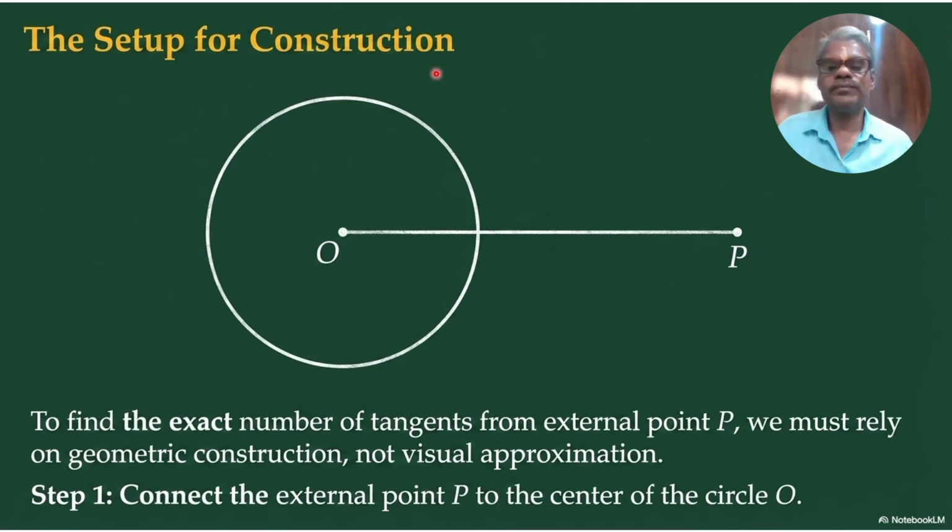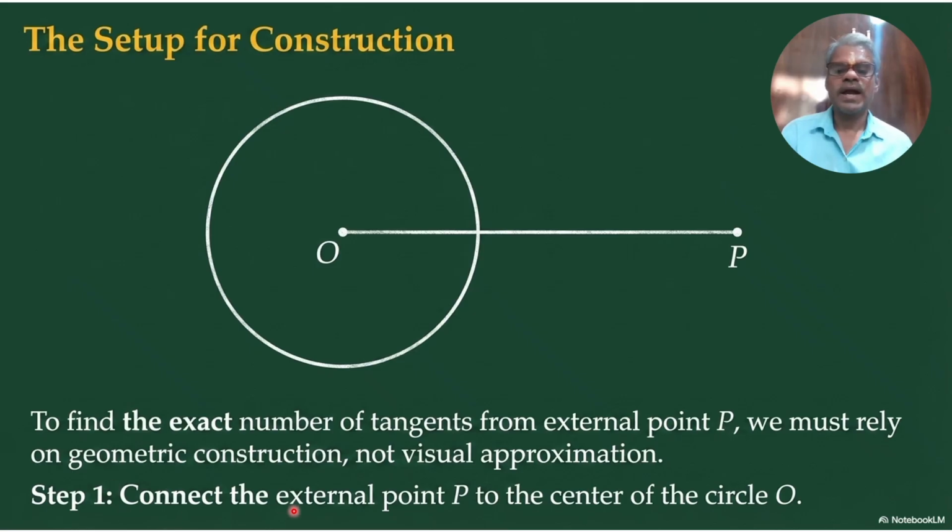Setup for construction. To find the exact number of tangents from external point P, we must rely on geometric construction, not visual approximation.